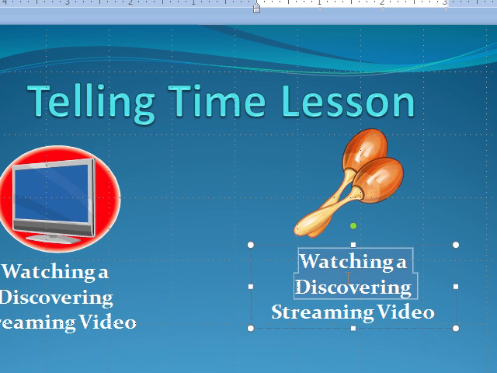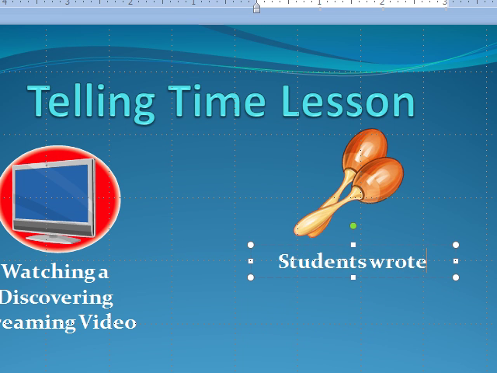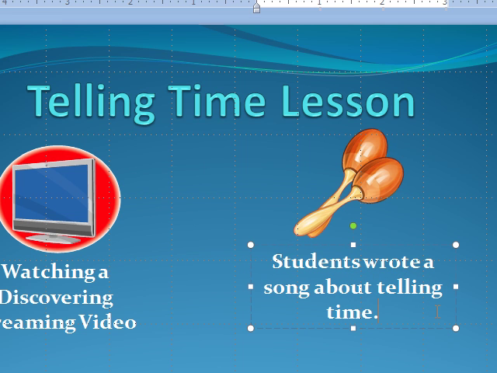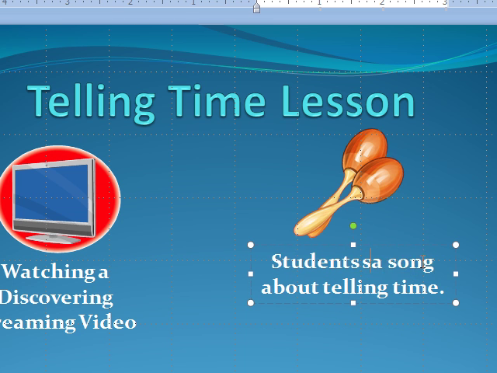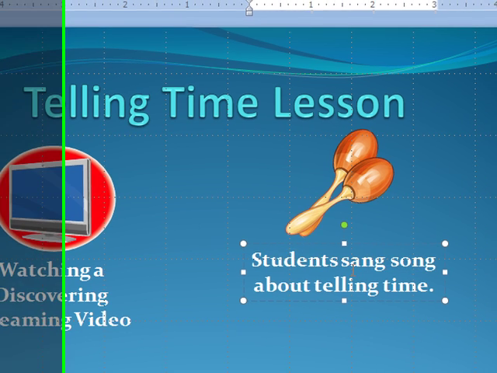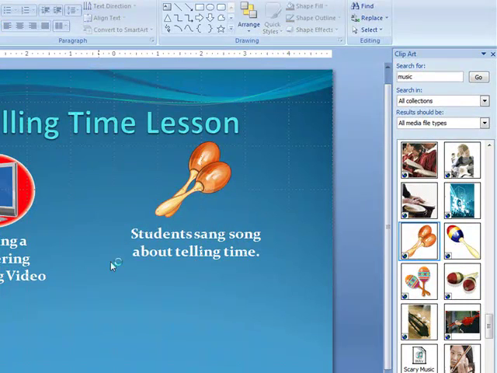However, this way my fonts will be the same, and I just need to highlight over the top and type in new text. Students wrote a song about telling time. Perhaps we'll even just put they sang a song. Although they certainly could have written one, taking their knowledge and putting it into a song.